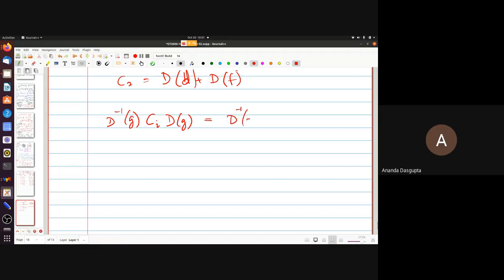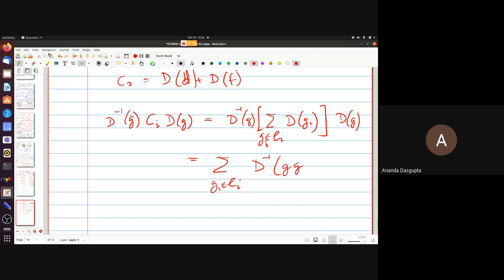Here, what is sitting here is a sum over all group elements belonging to a particular class. And this, of course, will still go through. Take all the group elements belonging to the ith class, and then D of D inverse GI.